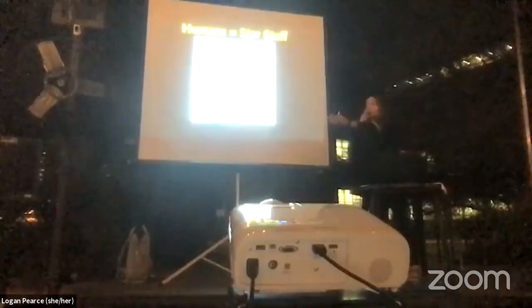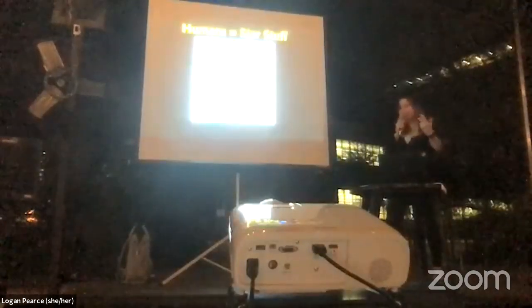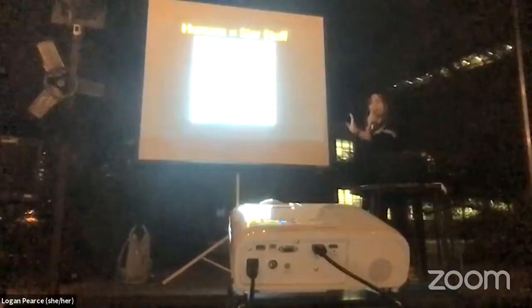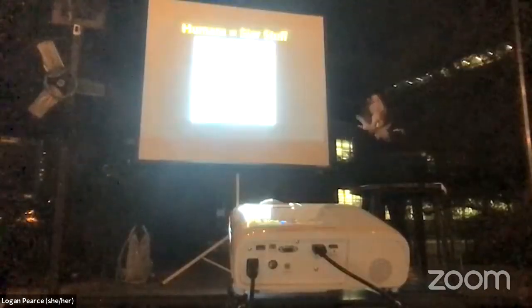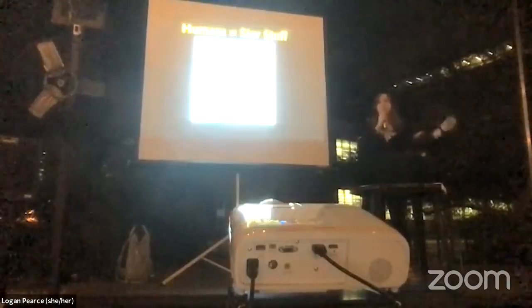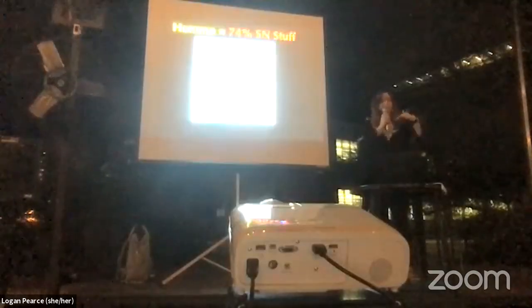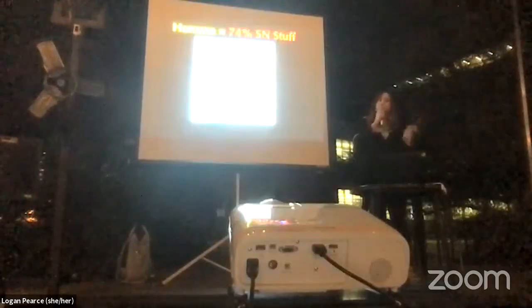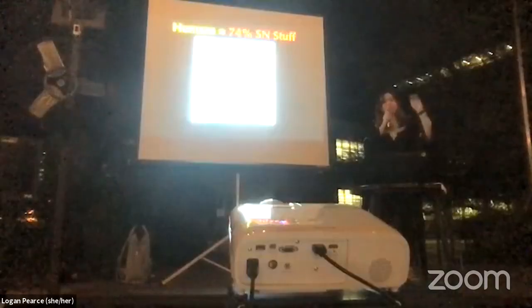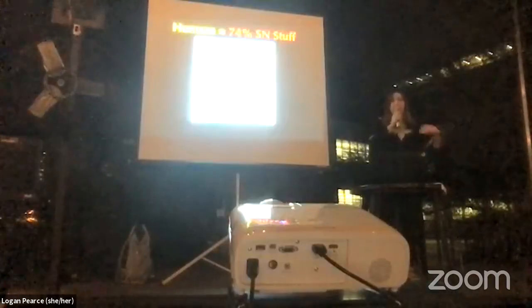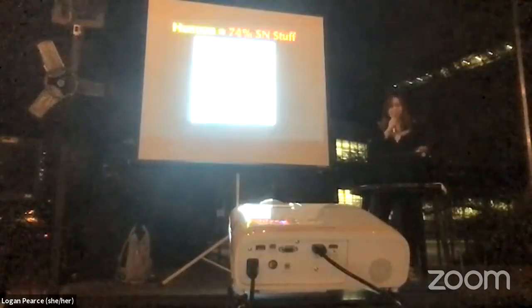And if you further break that down and figure out where those came from, 74% of all that came from a supernova. So not only are we made of star stuff, but we're actually 74% supernova stuff. So there's a little addendum to that famous saying. That's mine. You can quote me.